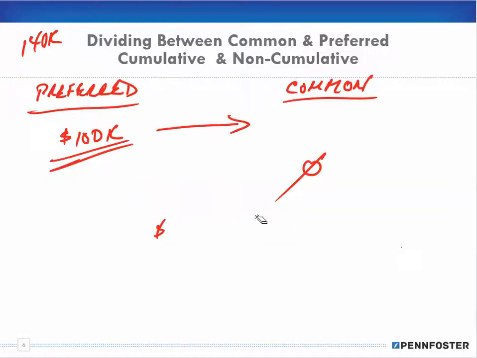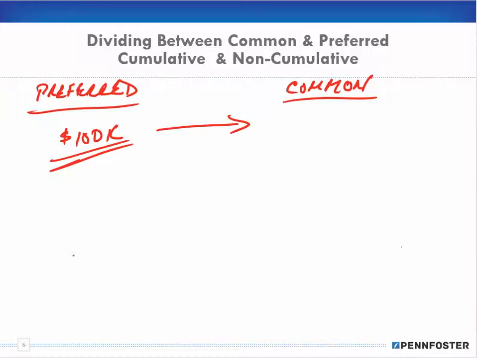But the point here is that if there's only $70,000 being paid out as the dividend that's being declared, and I should use that word, declared, so you get accustomed to it, then because preferred gets the first $100,000, common gets zero. They don't get anything for that declaration.